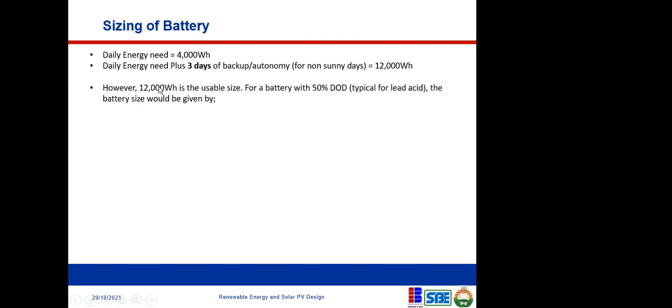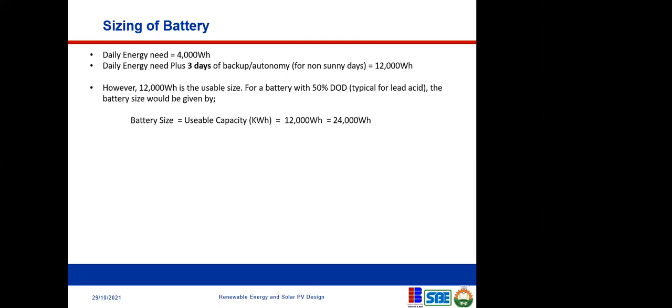However, 12,000 watt hour is the usable size for a battery with 50% depth of discharge. This is typical for lead acid batteries. I hope we all understand what DOD means, depth of discharge. It means that if the battery can hold 100 units of energy, it can only give out 50 units of that energy to remain in good shape.